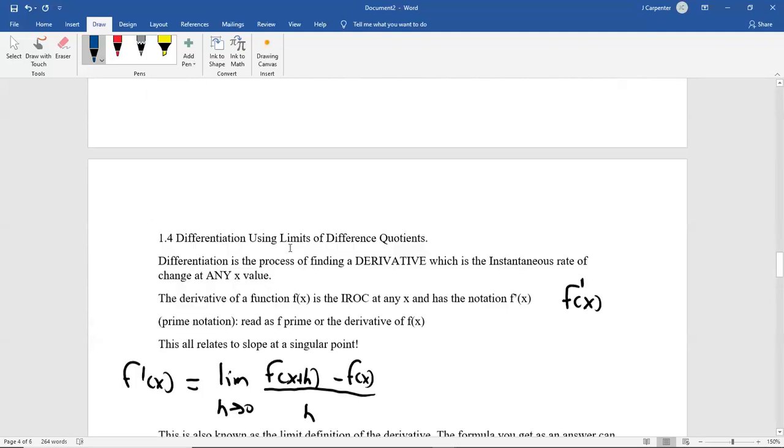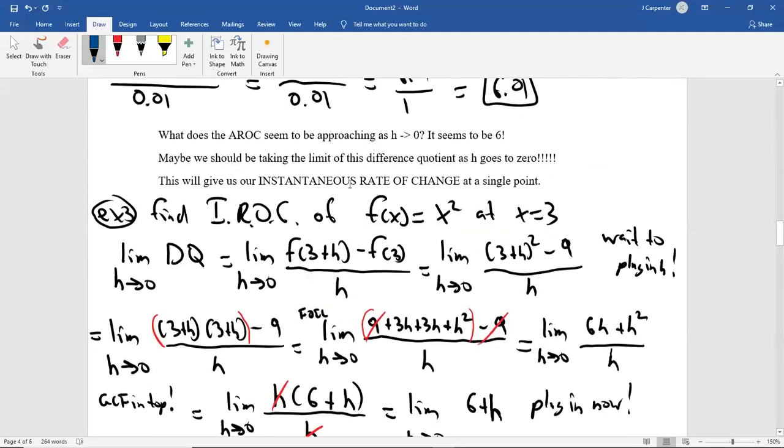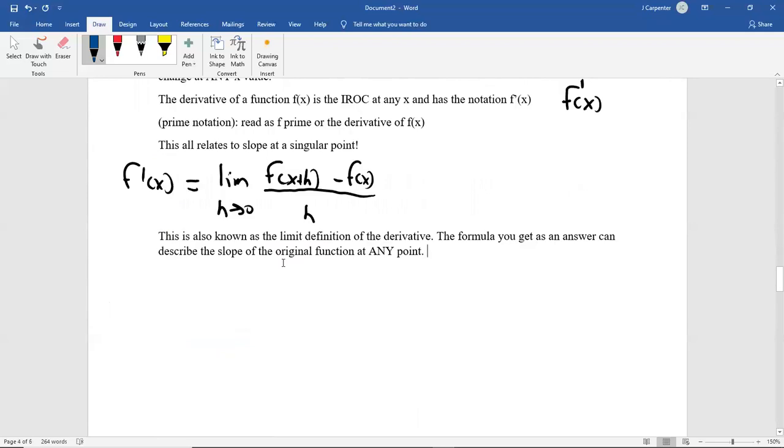Now, we will go back and do the x squared problem again, but let's do a simpler one to start this out. Example 1.